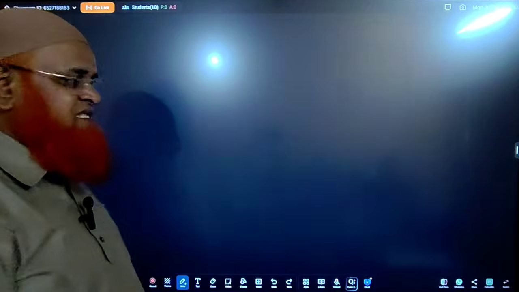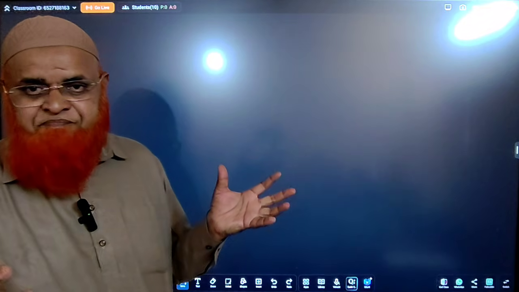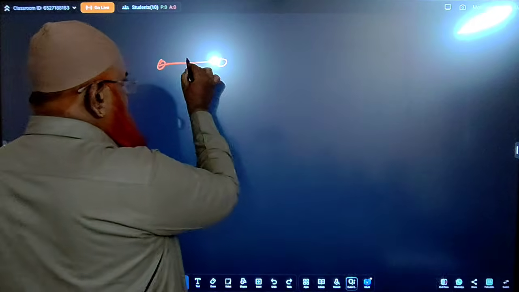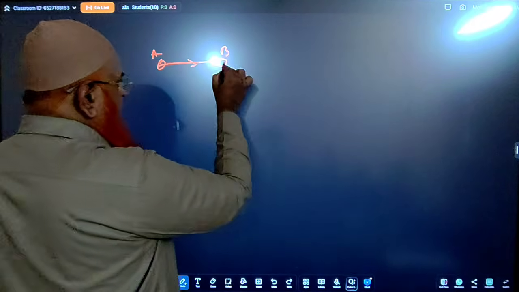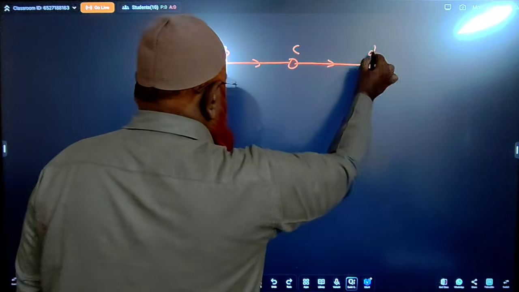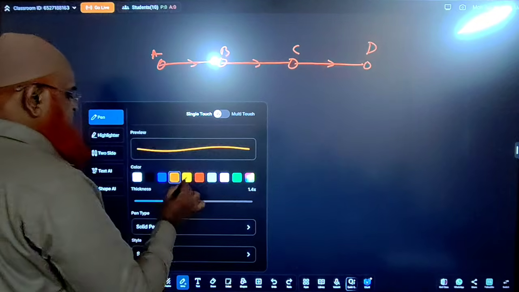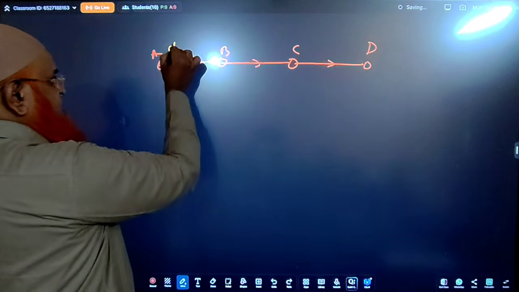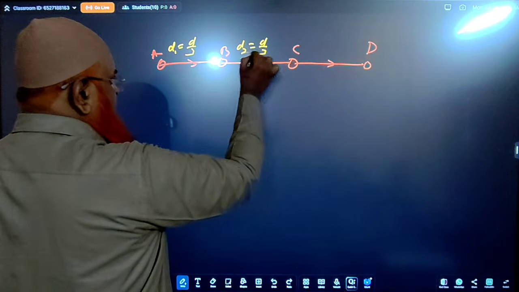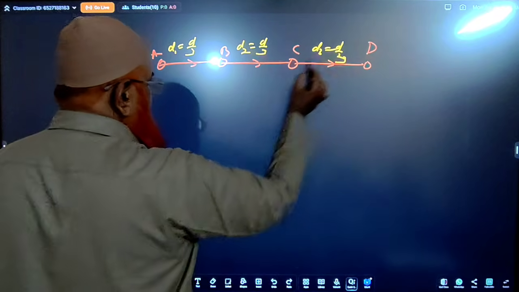So if it's a double case, and if it is a triple case, what does it mean? A body has traveled from A to B, again B to C, again C to D. Here, if you imagine the distances, the first 1/3, the second 1/3 and the third 1/3 distance.